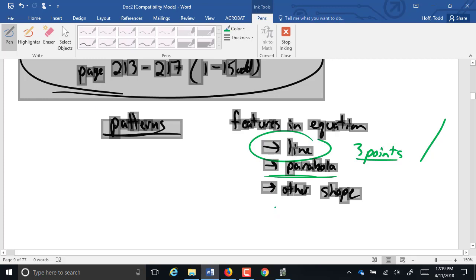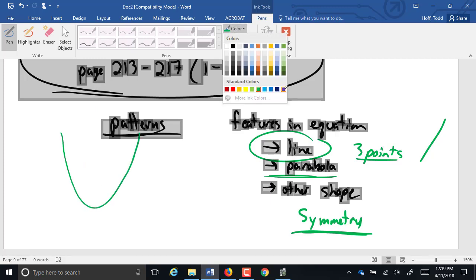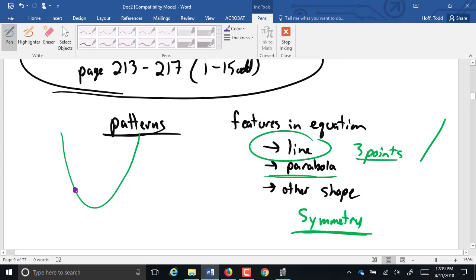Some things like symmetry might come into play. Especially with a graph of a parabola, symmetry is a big issue. If I know my parabola is going to look like this, if I have a point on this side of the parabola, because it's symmetrical, I know there's going to be a point on the other side of it.